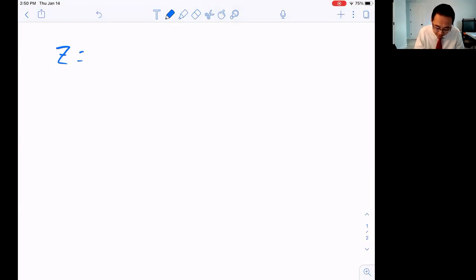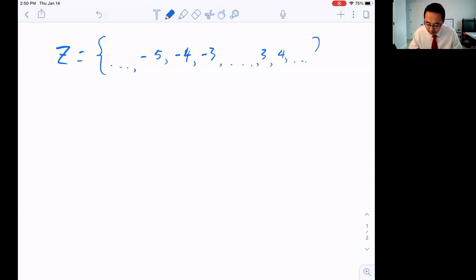So you just write this as a bracket, and then dot, dot, dot, because it starts at negative infinity, then -5, -4, -3, and then dot, dot, dot, all the way to positive 3, 4, dot, dot, dot, and then bracket. So that's how you express a set when you want to list every single thing in that set. Does that make sense?